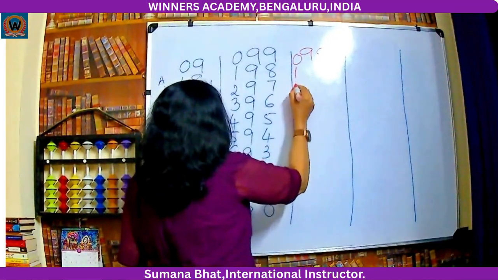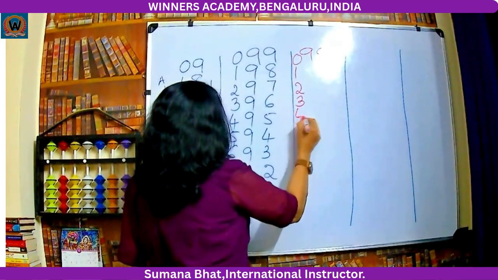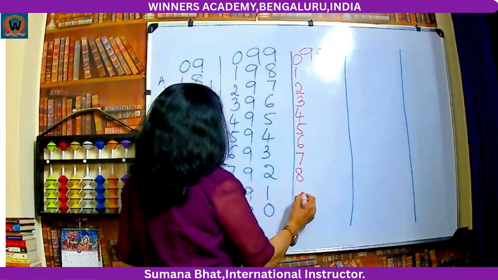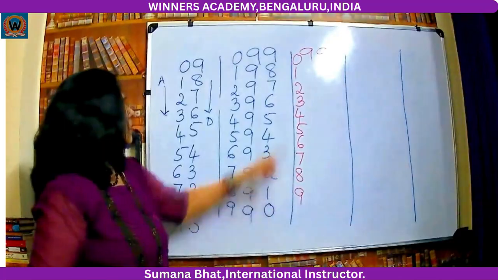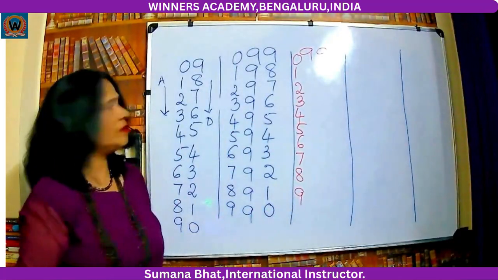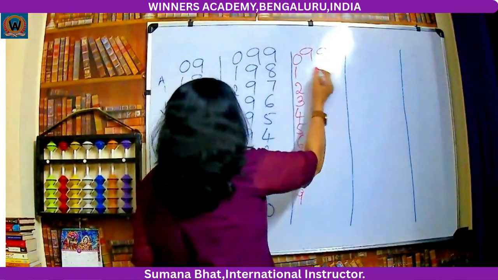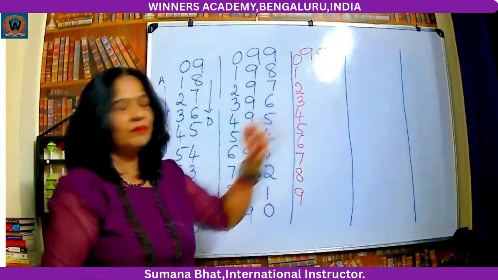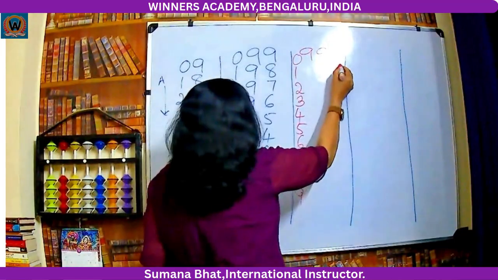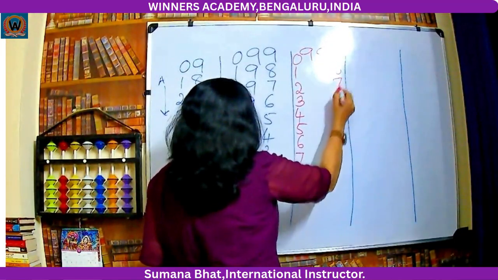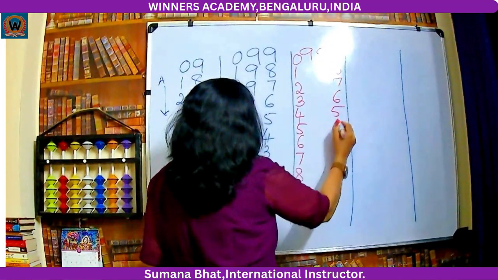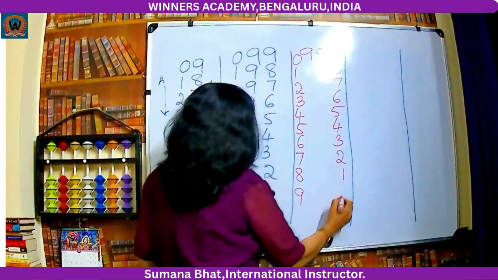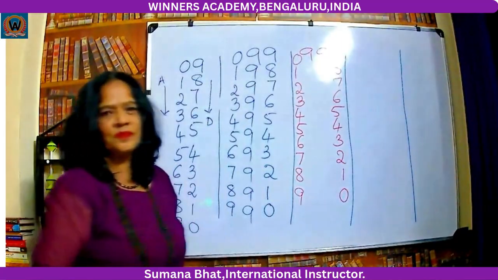Then write 1, 2, 3, 4, 5, 6, 7, 8, and 9. 1 to 9 we have written here. Here, don't write anything. For the last number, the units place, write in descending order: 8, 7, 6, 5, 4, 3, 2, 1, and 0.